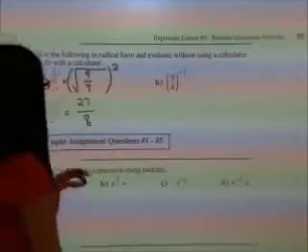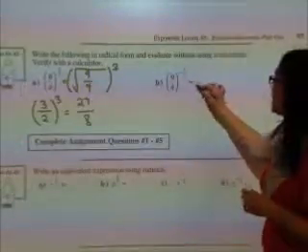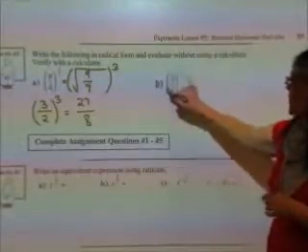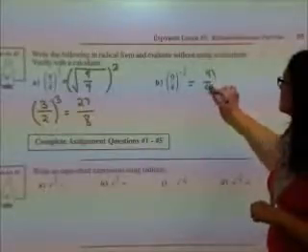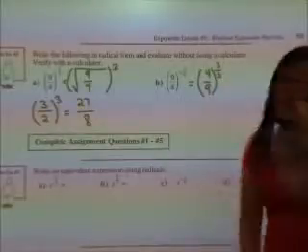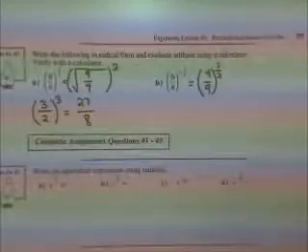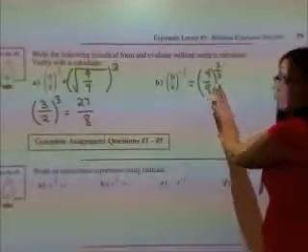If I have a negative exponent, to make that exponent positive, I take what's inside and I flip it. So my 9/4 becomes 4/9. My 3/2 becomes a positive 3/2. My exponent does not flip, my base flips.